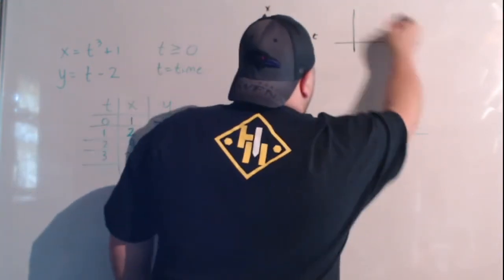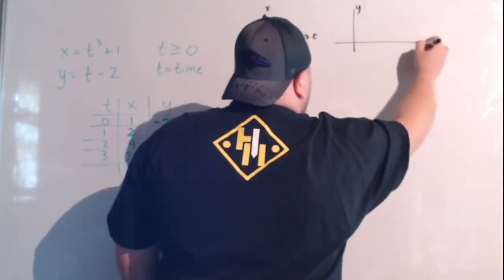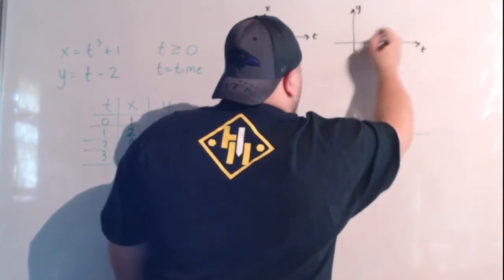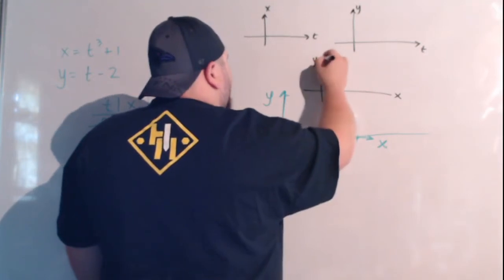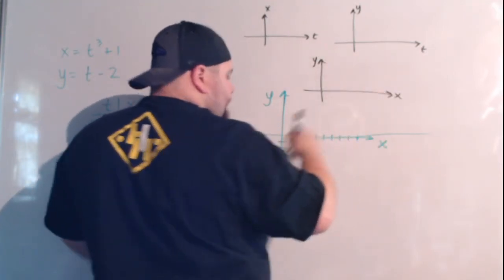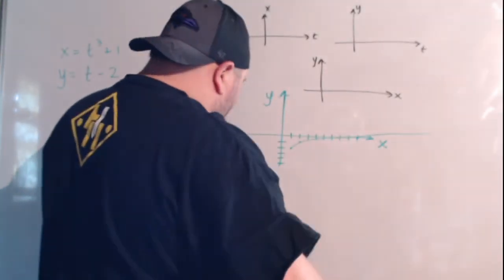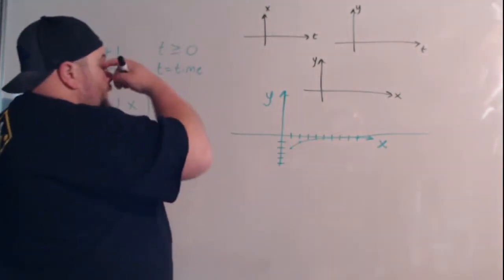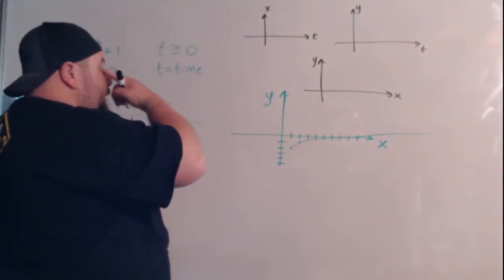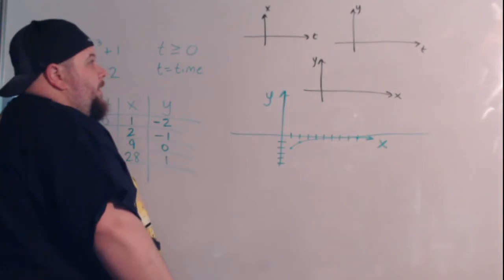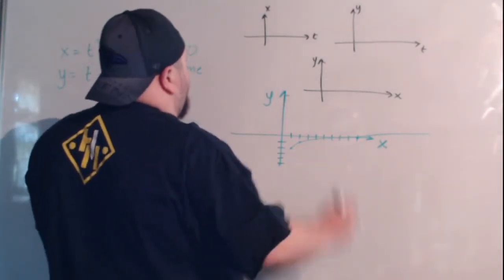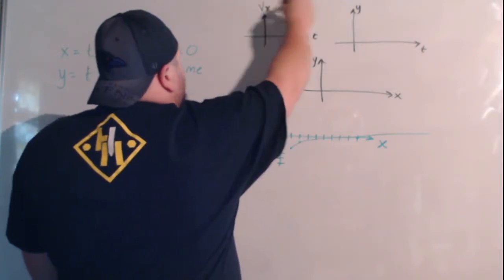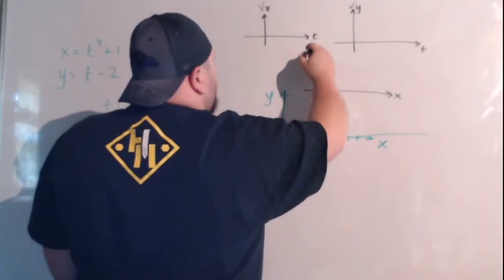You could have the y position versus time graph. And you can have an x versus y graph. Or you could have velocity for these.